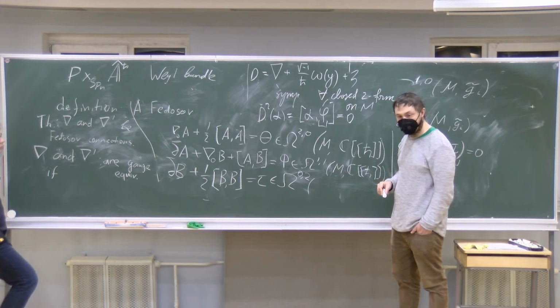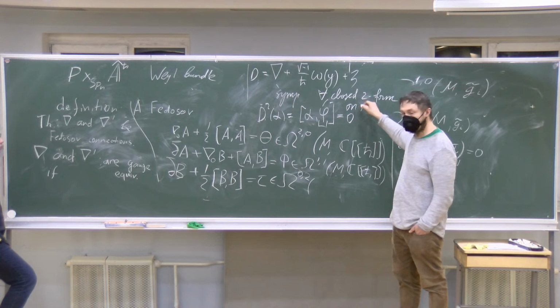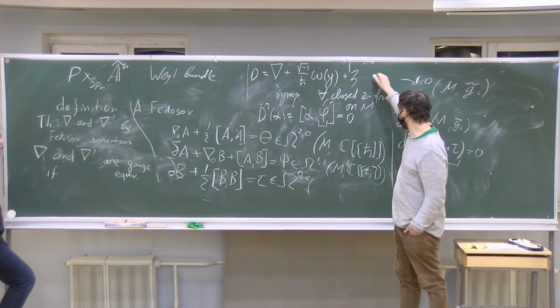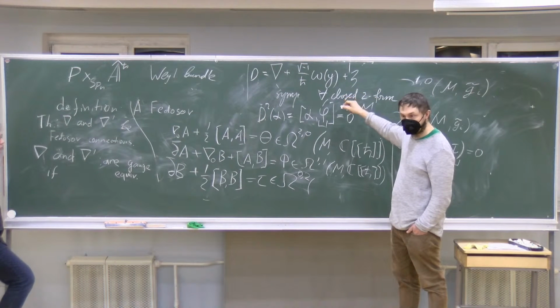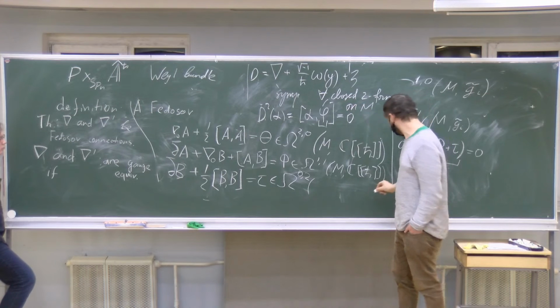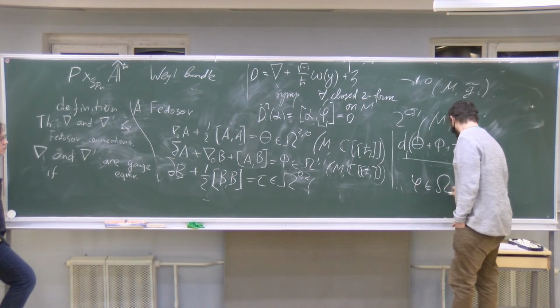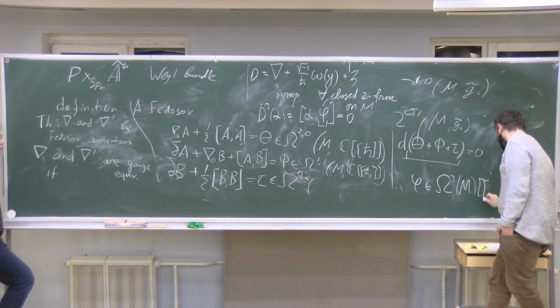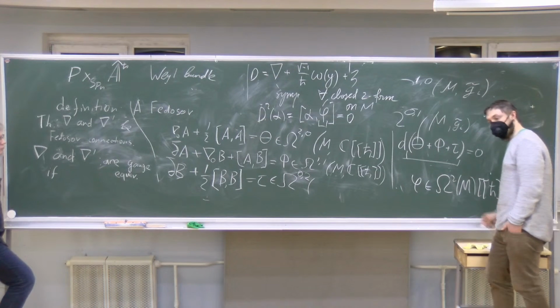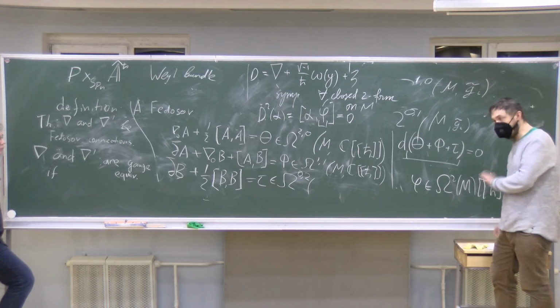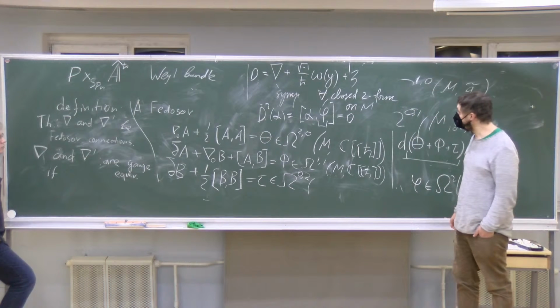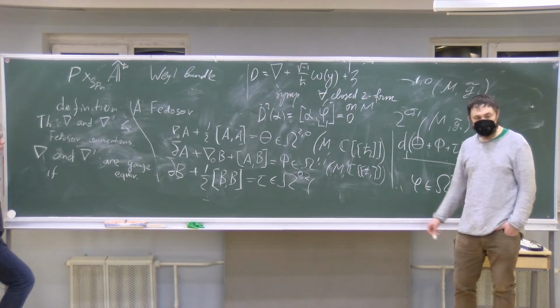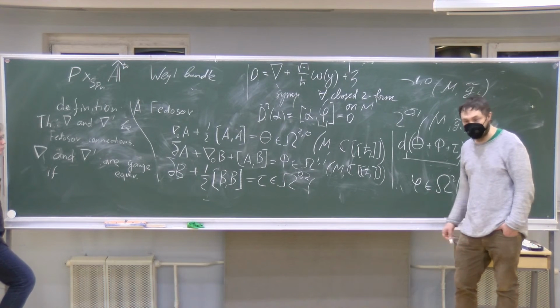You could choose any closed two-form on M. Not just a two-form, but actually a formal power series of closed two-forms on M, right? So phi was in omega 2 of M times a formal variable in all degrees. So for any element, you could have such phi, and two quantizations would be equivalent if and only if these two phi's determine the same cohomology class.